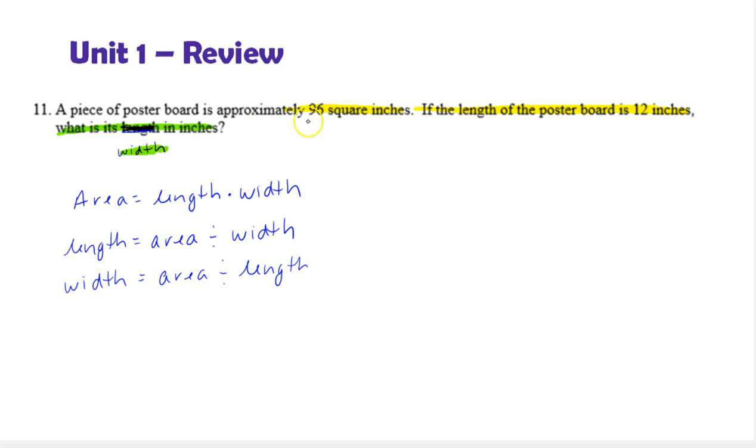So we want to see what we're given. Well, when this says the poster board is approximately 96 square inches, that is a measure of area. Okay, so if we have a poster board, we have a length, a width, and we measure the inside with little squares. They say that this is the length, so we can say the length is 12 inches, and we want to find the width. So we're going to use the formula that solves for width, which is this one right here.